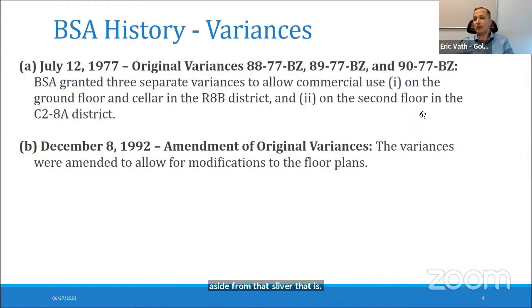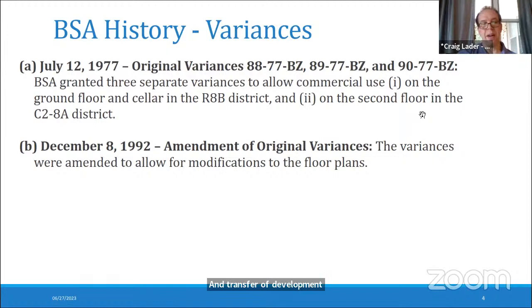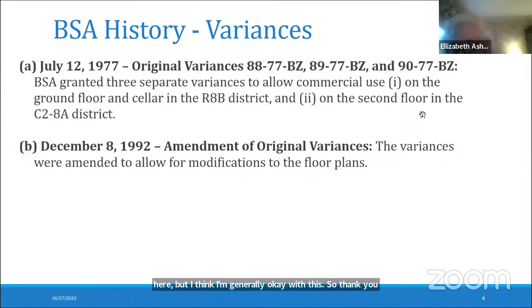Yeah, there's nothing before you with regards to the current variance. It's approved in perpetuity, so the uses are locked in. What's before you is the simple zoning lot enlargement and transfer of development rights. Okay, that's what I thought. Yeah, I know I probably don't align myself with some of the members here, but I think I'm generally okay with this. So thank you.